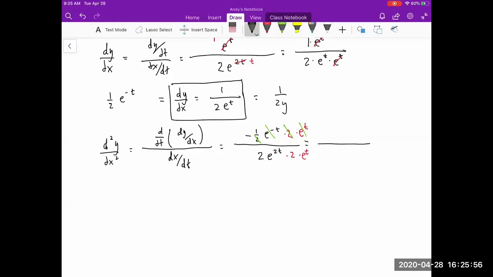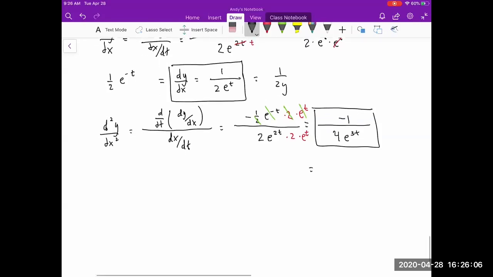So we still have -1 left over on top, but the bottom now is 4e to the 3t, which is acceptable for the second derivative. Also notice, since e to the t is y, this is the same as -1 over 4y cubed, which is also acceptable.